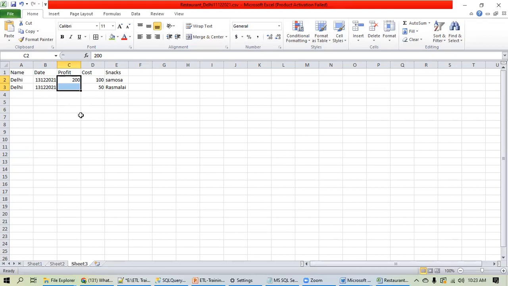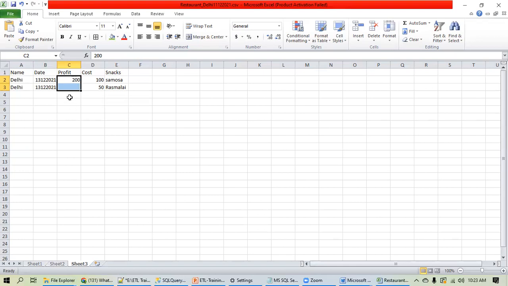No, right? This is incorrect. Now tell me, who has made this mistake? If the number is 200, which is not correct, whose mistake is this? Source, actually the person who is giving the source data.